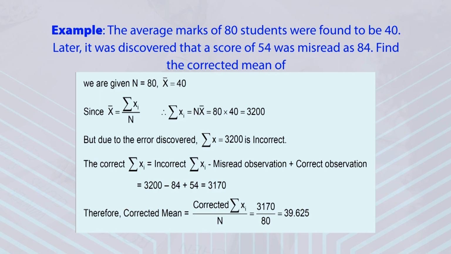The corrected mean can now be obtained by dividing the corrected sum of xi by capital N, that is the total number of students, and it is obtained as 39.625.